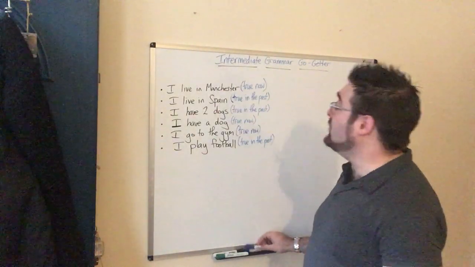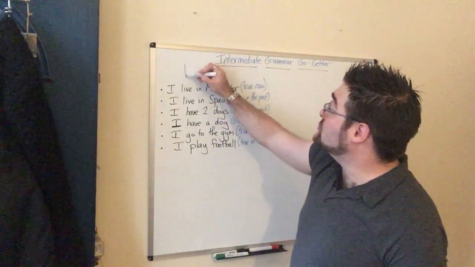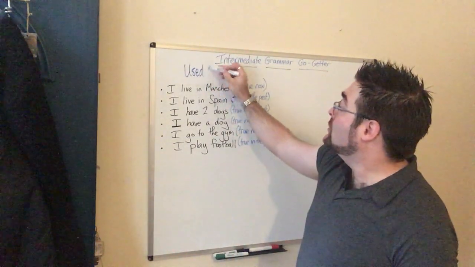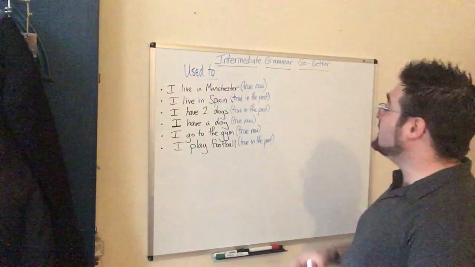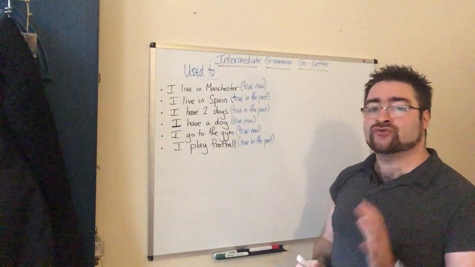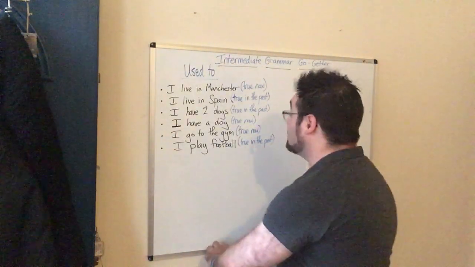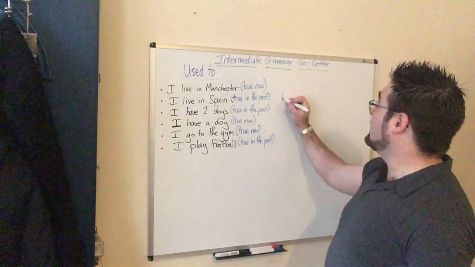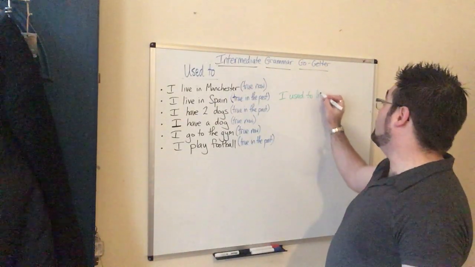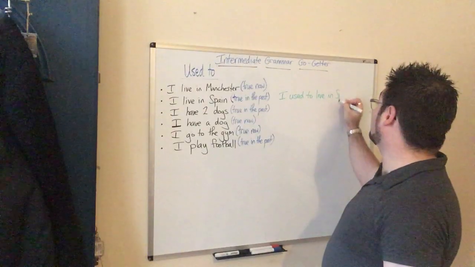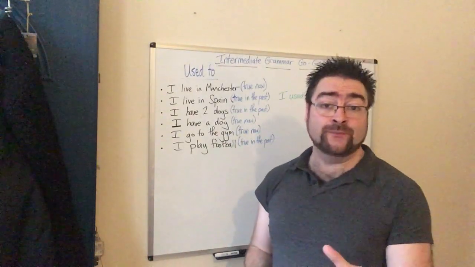Okay, so when we're talking about past habits, we use used to. So let's start off with the ones that were true in the past but are not true now. So first of all, we can say I used to live in Spain. Do I live in Spain now?